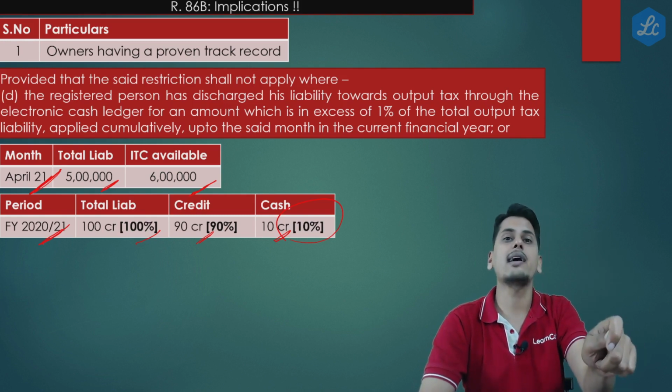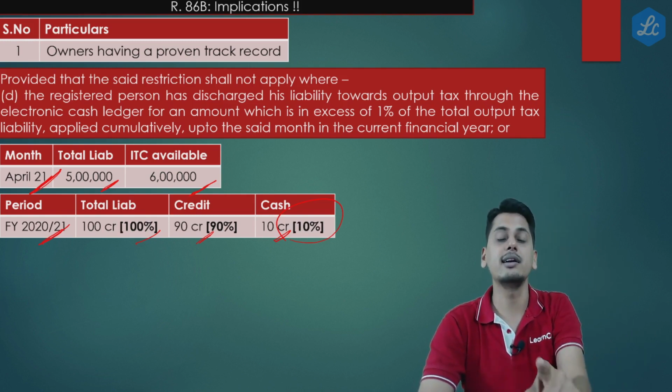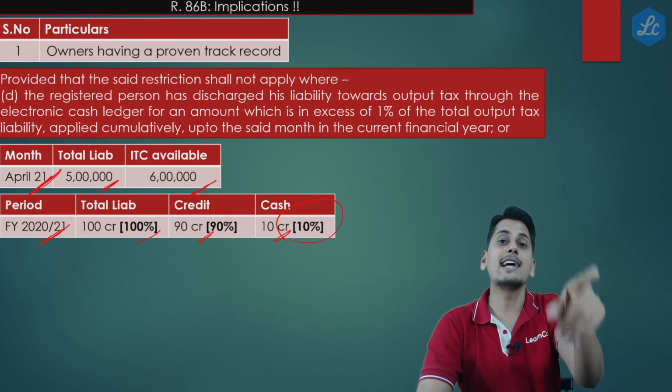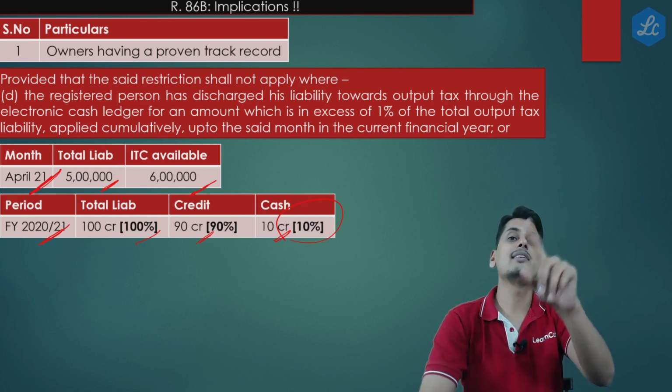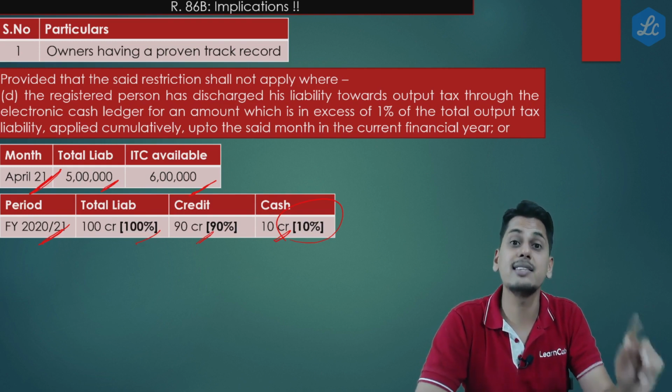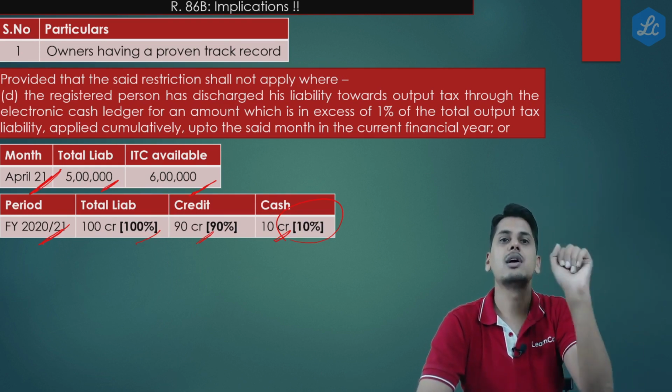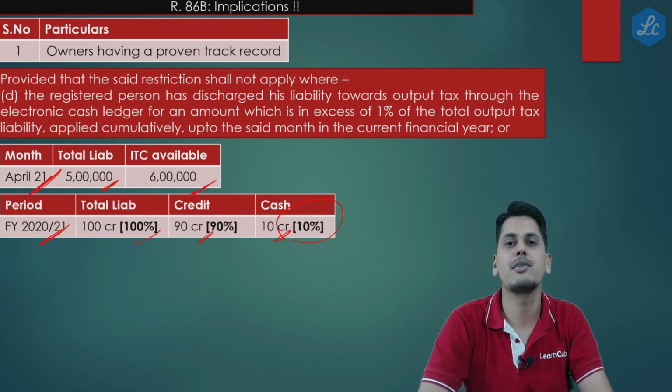For the proven track record under GST, the current financial year is relevant. For the proven track record as far as income tax law is concerned, the preceding financial year is relevant. The preceding 2 financial years for which the due date of filing income tax returns has already elapsed was relevant. So preceding financial years were relevant.